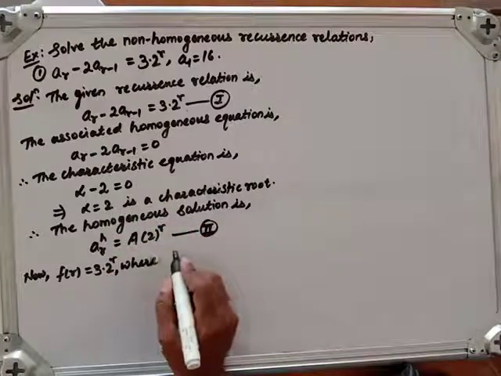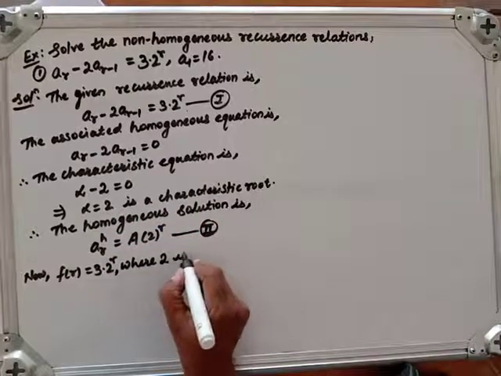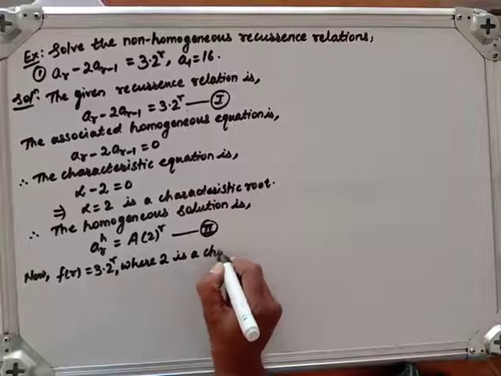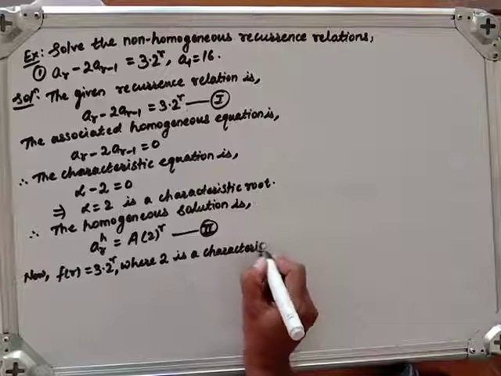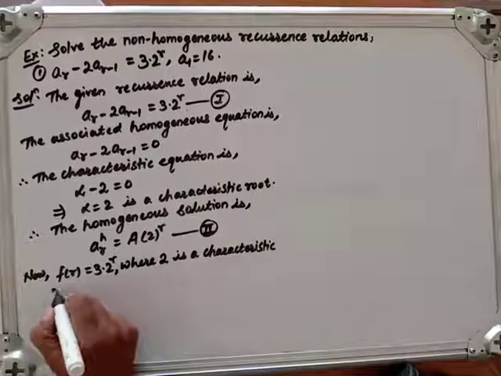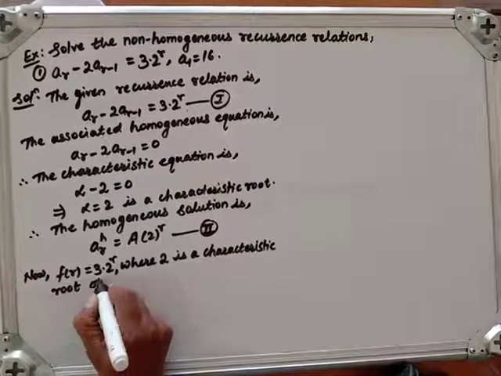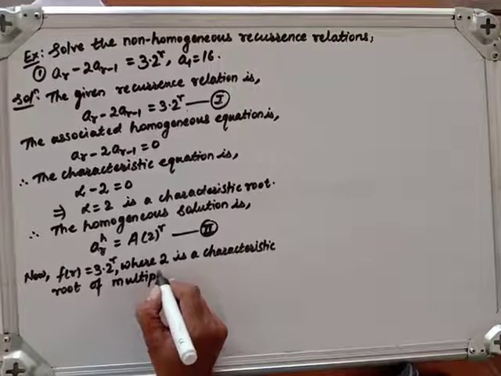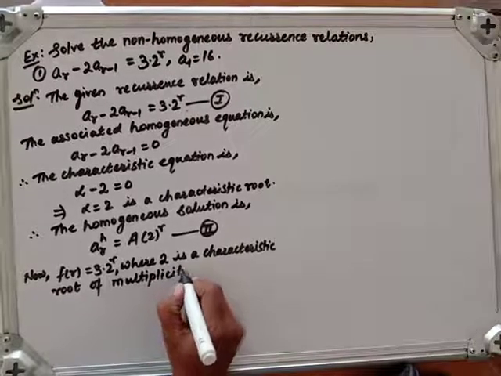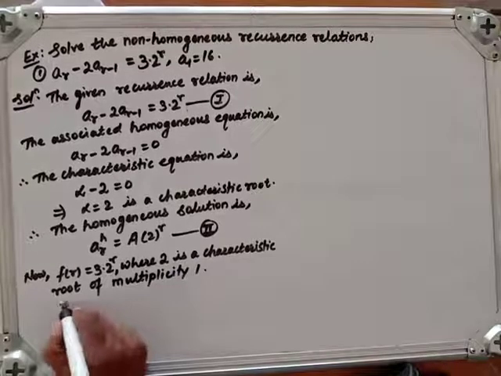Here 2 is a characteristic root of multiplicity 1, because it is a root once only.